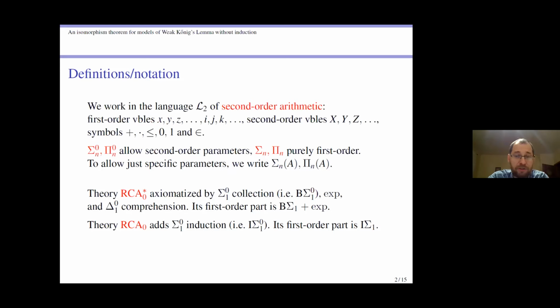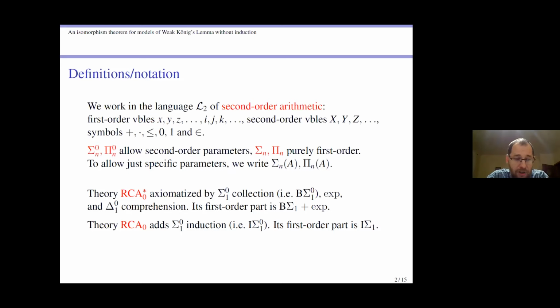If I want a purely first-order, or if you will, light face formula, I will just write sigma n or pi n without the superscript. So a missing superscript means it's purely first-order. If I want to list the second-order parameters explicitly, I will just use the notation without the superscript, but with a list of the parameters after the sigma n.